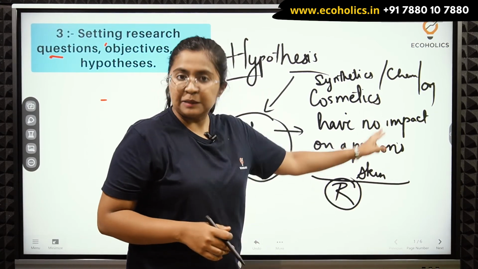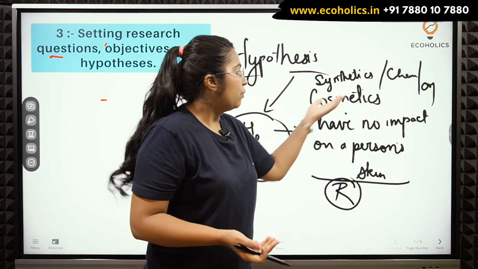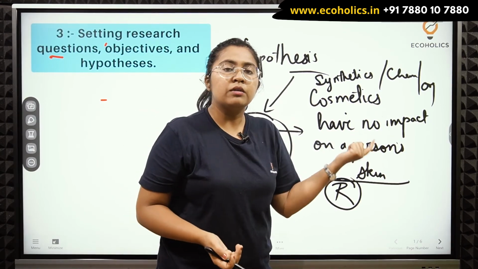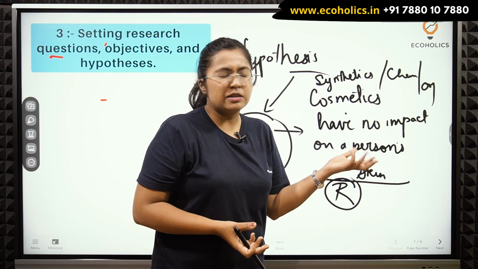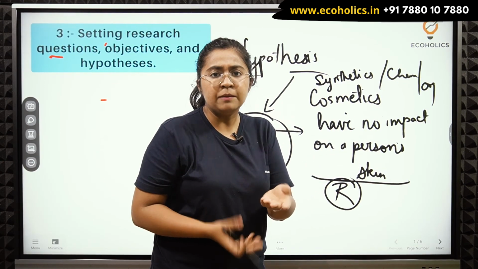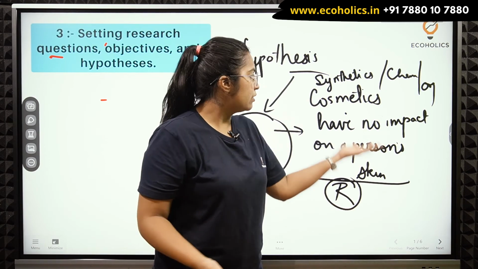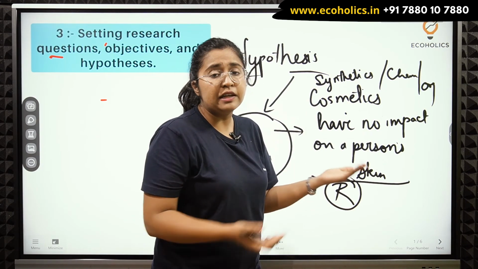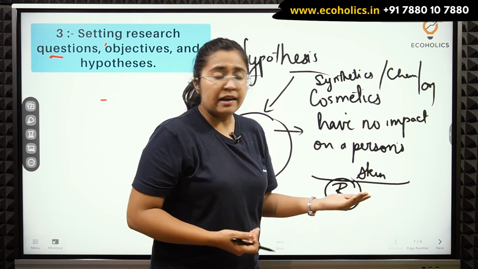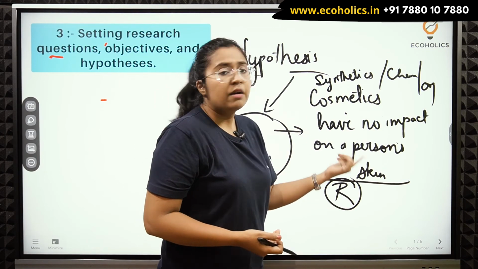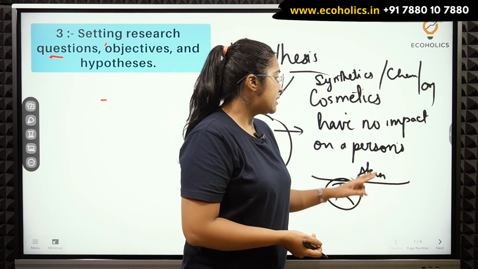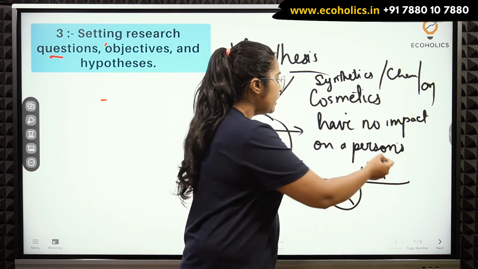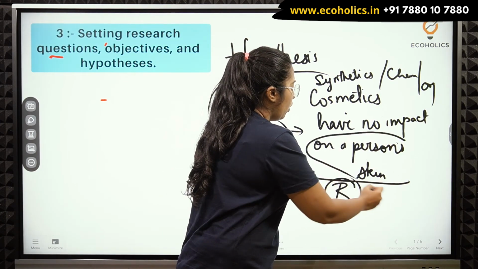If it is accepted, then whatever you are thinking about the correlation between synthetic cosmetics and your skin is true, because you will understand with the analysis that synthetic cosmetics have no impact on any skin.